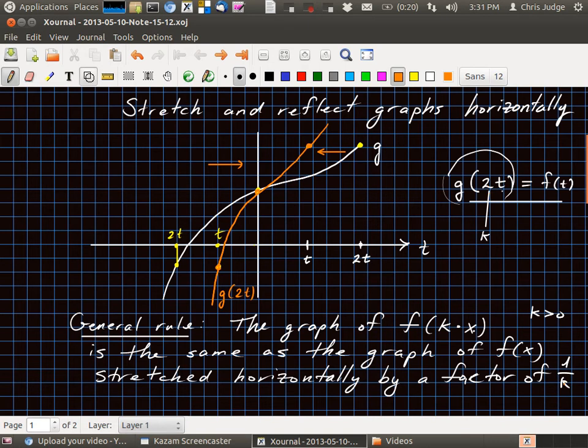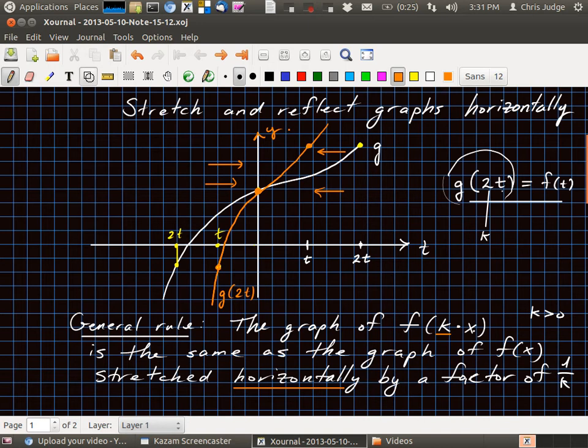Stretching by 1/2 means I shrink in the horizontal direction. Again, just as in vertical stretching, the y-intercept is not changed. Everything gets stretched or shrunk towards the y-axis.